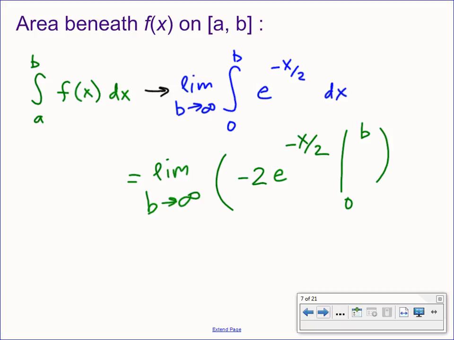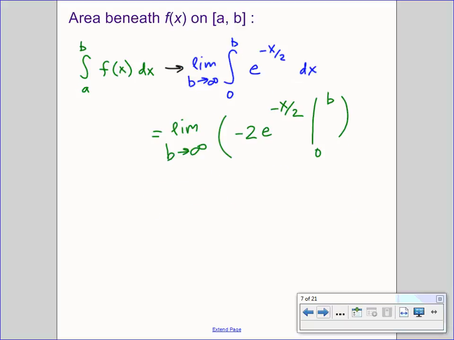And consider the limit as b goes to infinity. Okay. So the limit as b goes to infinity of, and this evaluation would become negative 2 e to the negative b over 2, the upper limit all the way through, minus the lower limit all the way through. Well, that's minus the negative 2, so I'm going to make it plus a positive 2. E to the negative 0 over 2 is just 0.